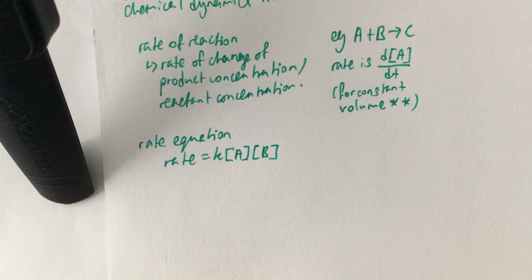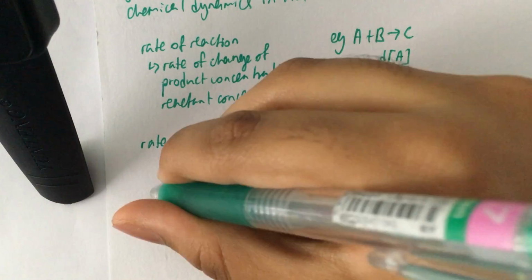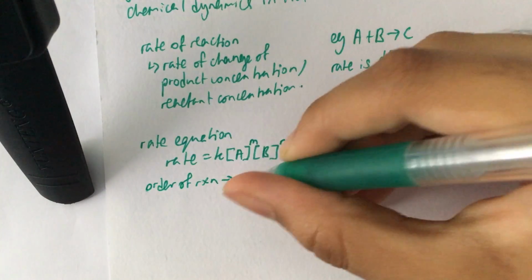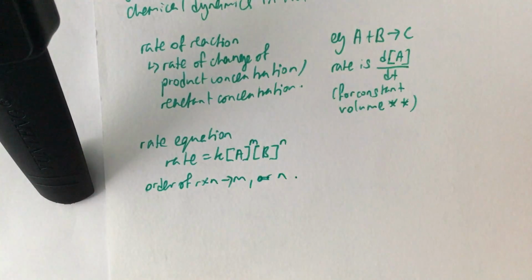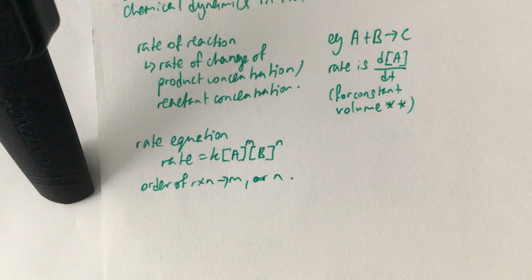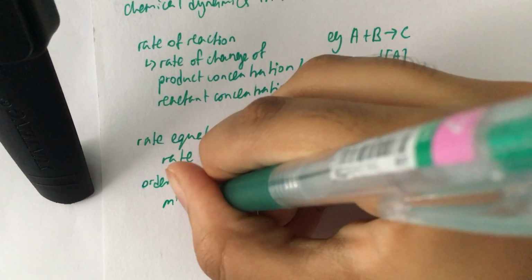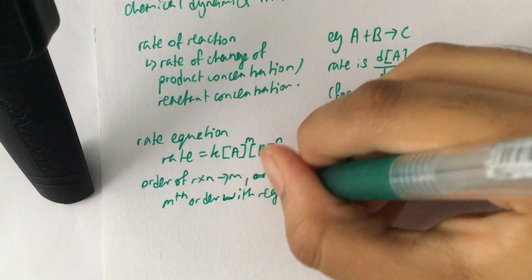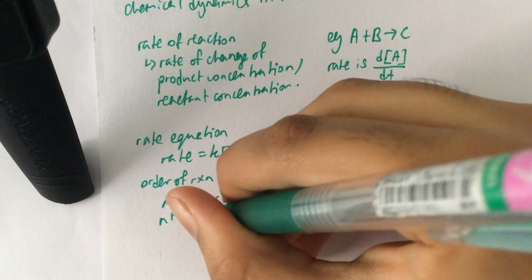If it's first order with regards to a particular reactant, that reactant will influence the rate proportionally. If it's second order, then it will be proportional to the square of the concentration, and so on and so forth.